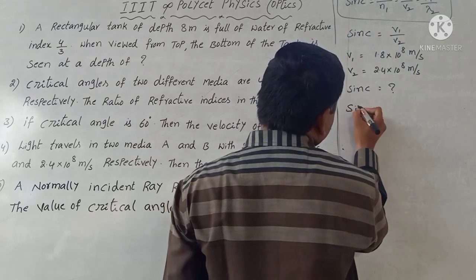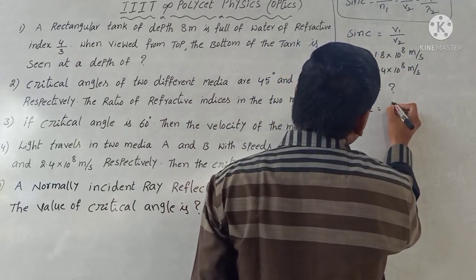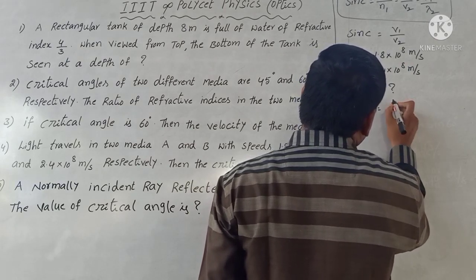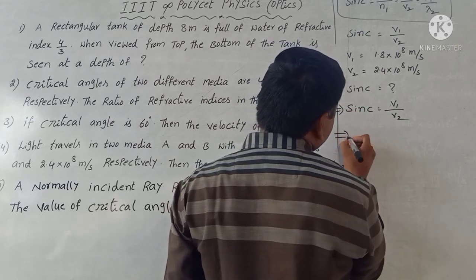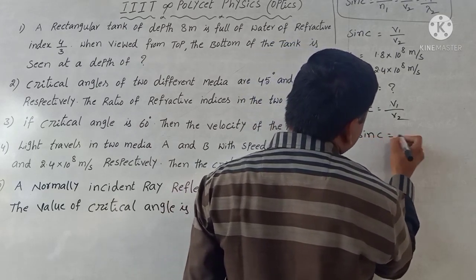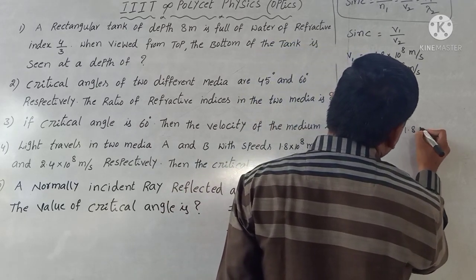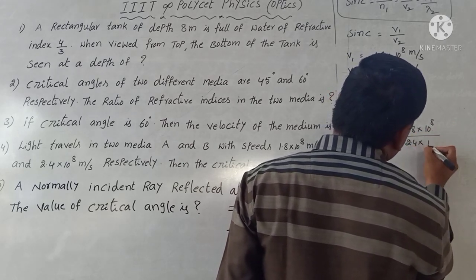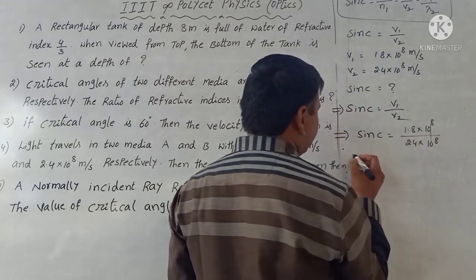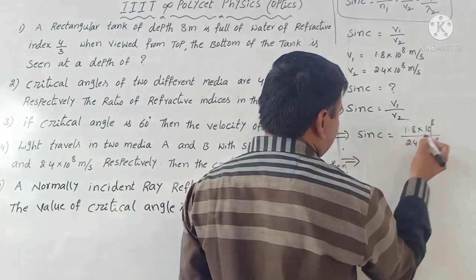So sin c = v1/v2, which implies sin c = 1.8 × 10^8 / 2.4 × 10^8. The 10^8 in numerator and denominator cancel.